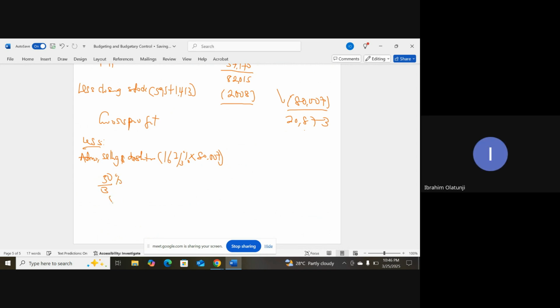When you want to convert this, it will be 50 over 3 times 1 over 100. So 50 here, 50 here, that should be 1 over 6.